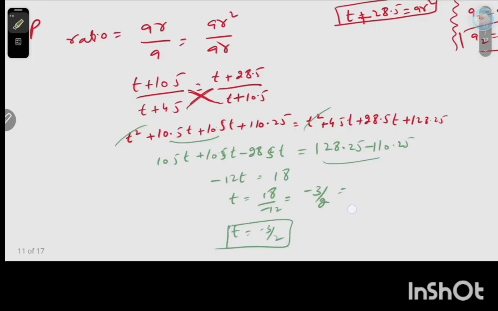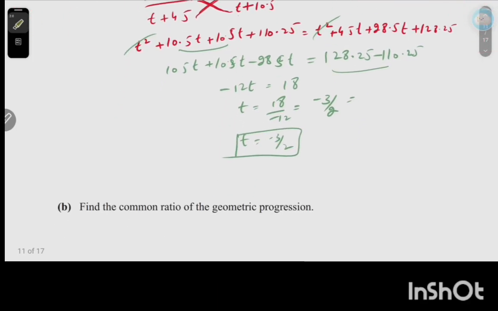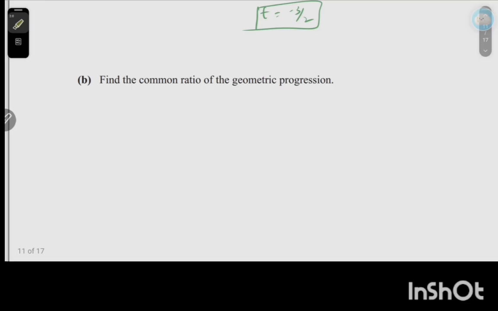This is our required answer. Now find the common ratio of the progression. Very simple: we divide the next term by the previous term. The next term is ar, the previous term is a, so its value is (t plus 10.5) over (t plus 4.5).